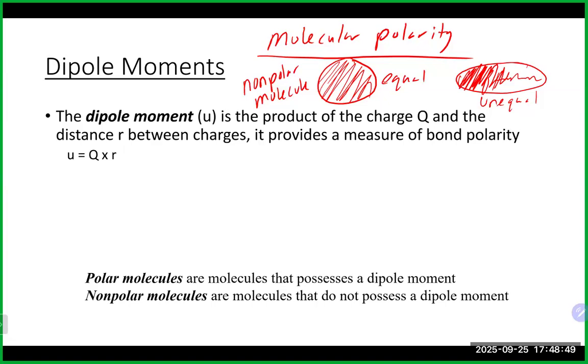When we have this unequal overall sharing of electron density in the entire molecule, that's going to result in, much like it does in a polar bond, a separation of charge, which means there's going to be a positive side to the molecule and also a negative side to that molecule, and that's going to be a polar molecule.